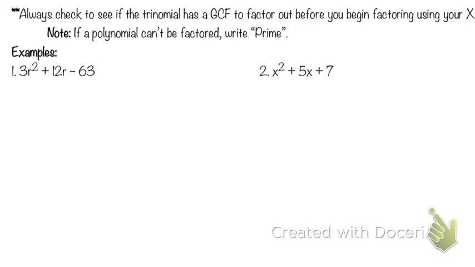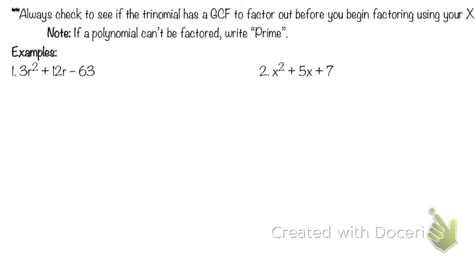And then a special note here, we're going to encounter some polynomials that just can't be factored. I'll talk about how you know it can't be factored, okay? And if so, we'll say it's prime. Just like a prime number 7 can't be factored into any numbers but 7 and 1. We'll see when a trinomial is prime. Now, if we look at example 1 here, 3r squared plus 12r minus 63.